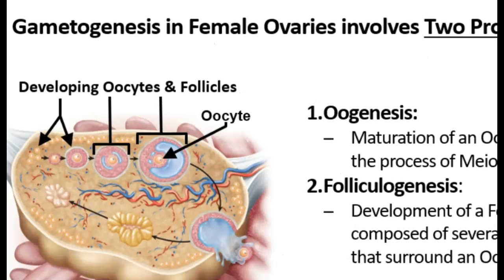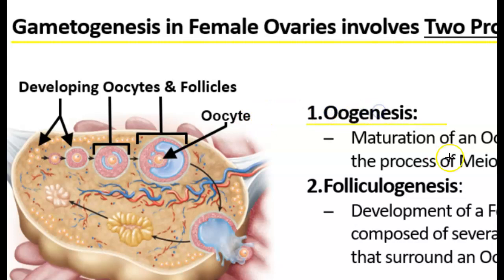So we will focus first on how an ovary produces a gamete, gametogenesis. It turns out that gametogenesis involves two distinct processes, but they're dependent on one another.